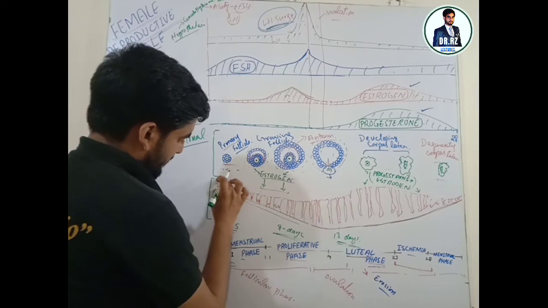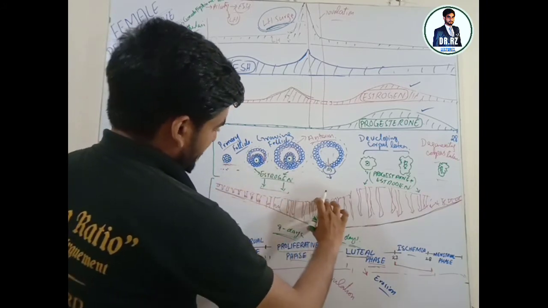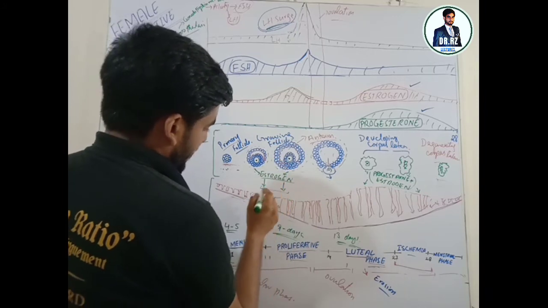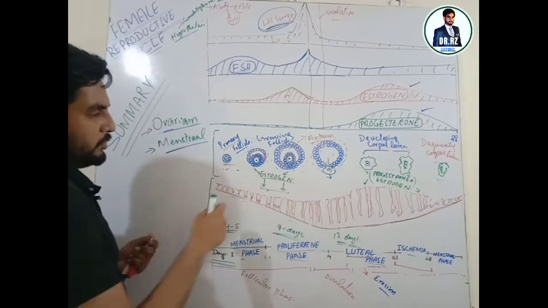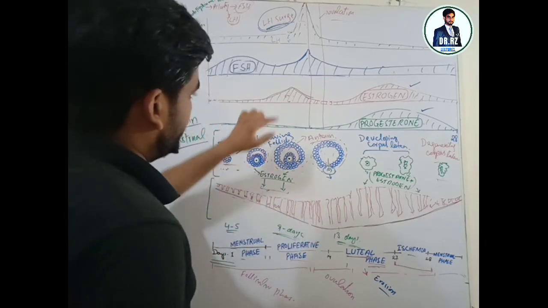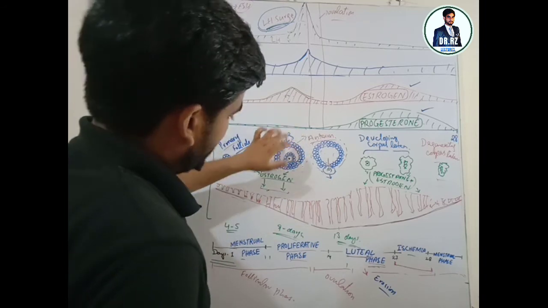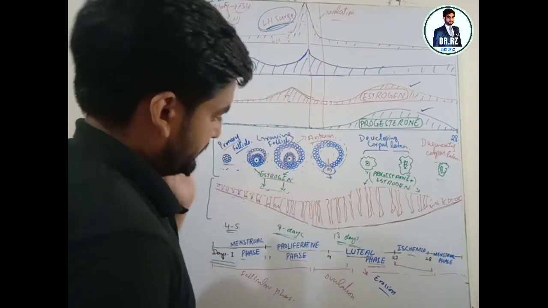You can see here, this is the thinnest, and now it is increasing in its thickness because estrogen is the stimulatory hormone for the development of the endometrium. You can see here, due to the development of the follicles, the estrogen level has increased.